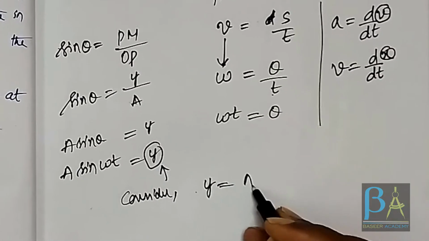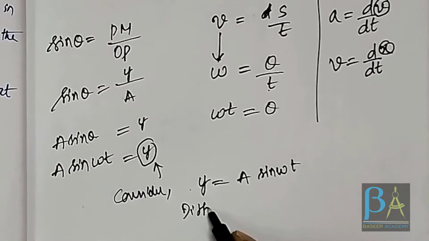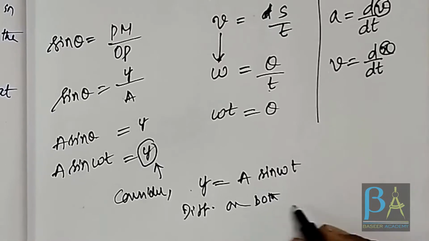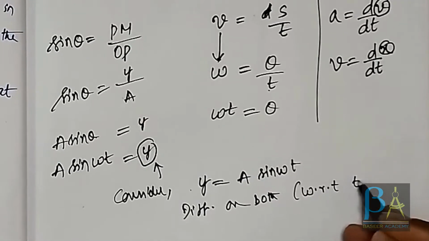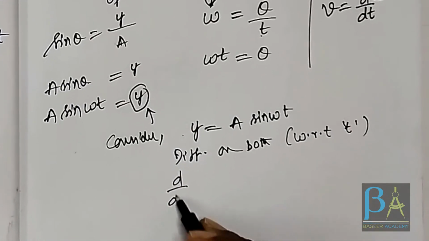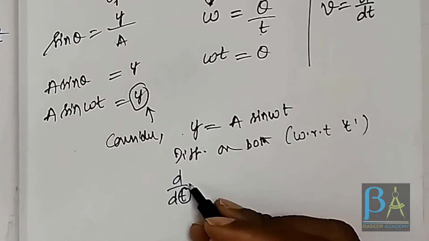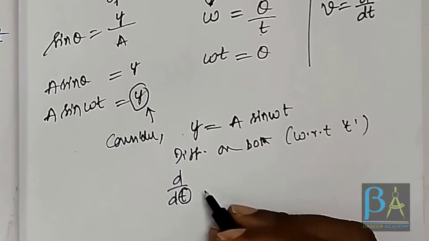Y is equal to A sine omega t, and let me start differentiating this on both sides with respect to t. When you differentiate with respect to t, you write d by dt, that shows that you're differentiating with respect to t.